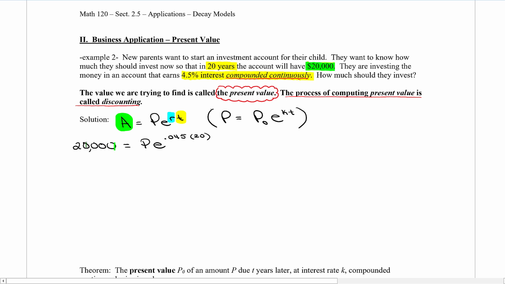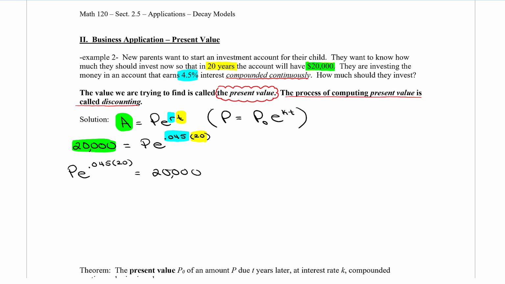I'm going to rewrite it so that we have P times e raised to the 0.045 times 20 on the left-hand side, and this is going to be equal to 20,000, which is now written on the right-hand side. I'm going to divide both sides of my equation by e raised to the 0.045 times 20 power.